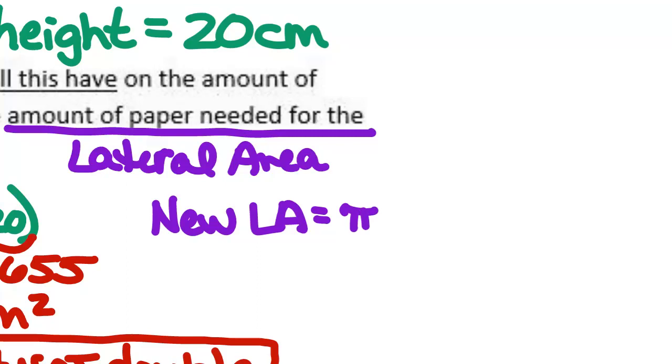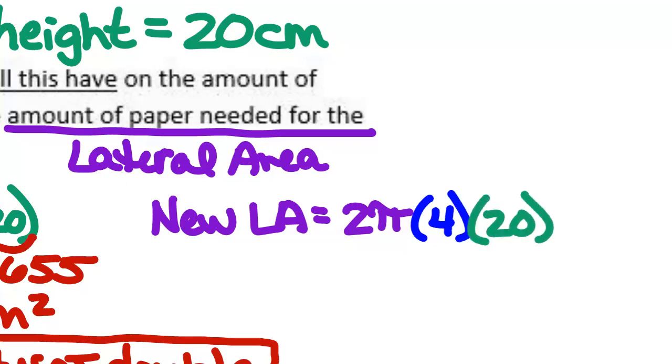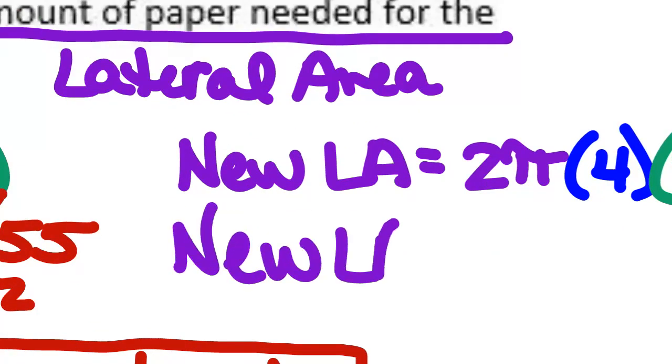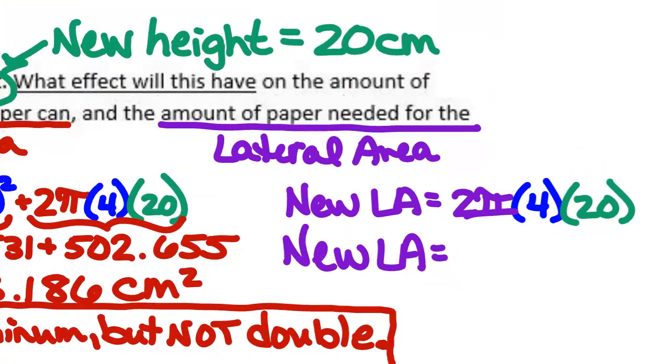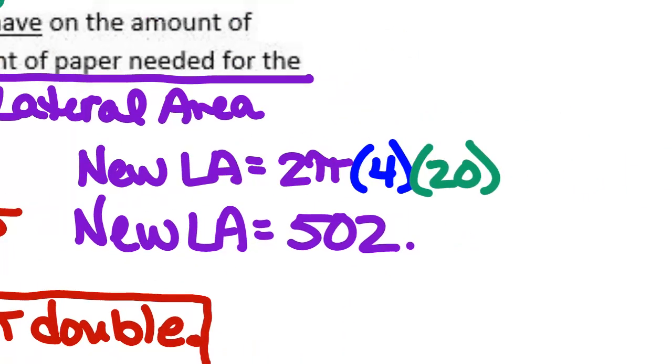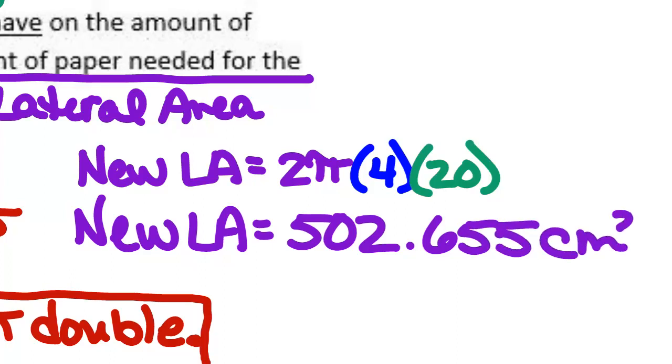This is the 2 pi rh. So 2 pi times my radius of 4 times my new height of 20. We already calculated this when we were talking about the aluminum. So that is 502.655 centimeters squared.